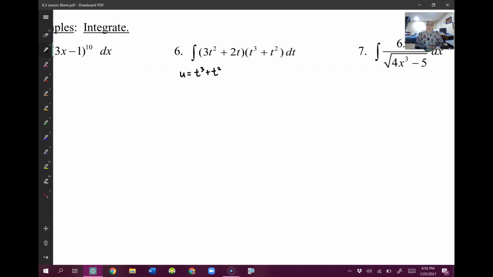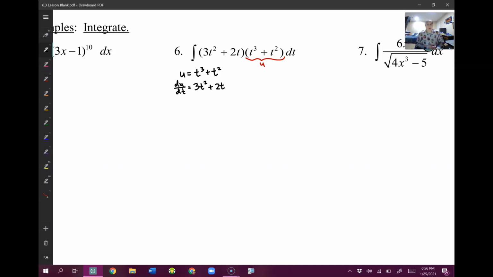Now we're going to take the derivative of this u. So, sorry, let me label this really quickly. Call that u. So du dt, which is a way we've written derivatives in the past, would then be 3t squared plus 2t. Something we've done quite a bit.